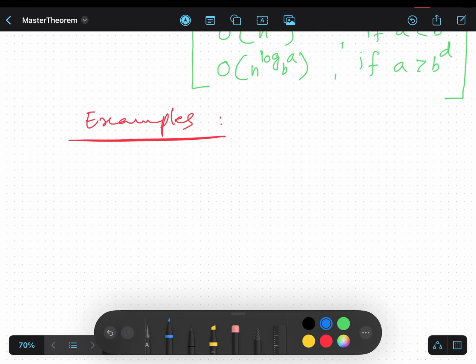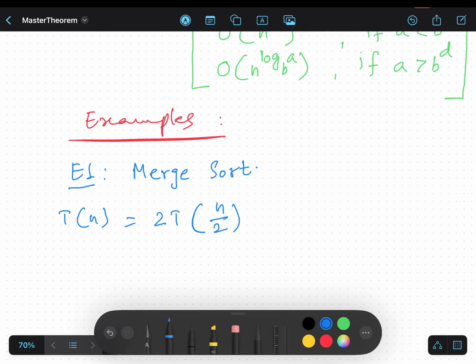So let's take example 1, which is merge sort. So the merge sort recurrence looks like this.